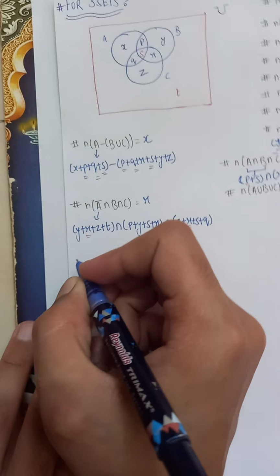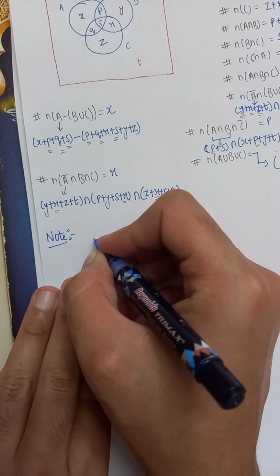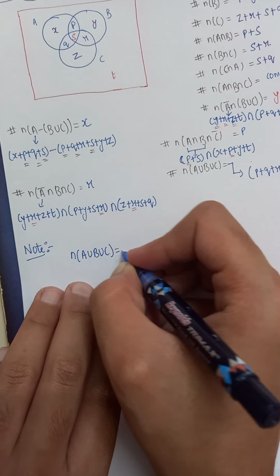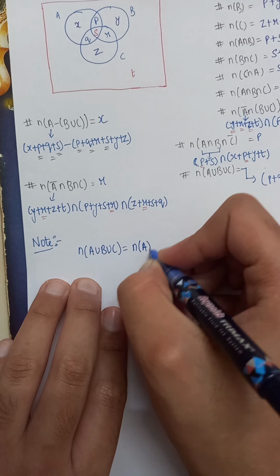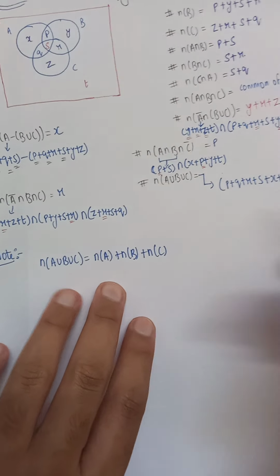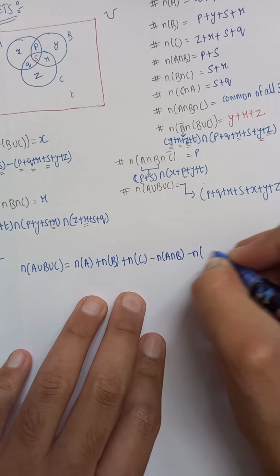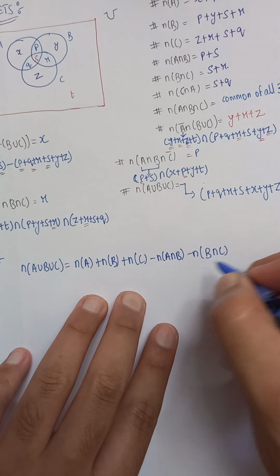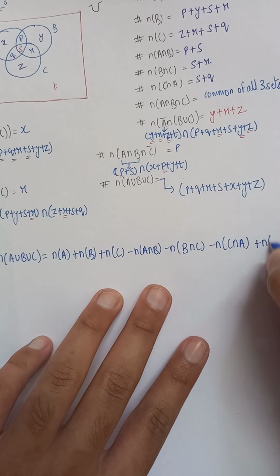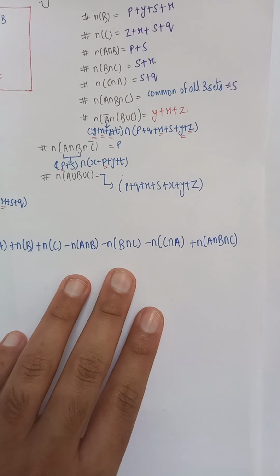Okay, so now let's write a small note. Number of elements present in A union B union C is equal to number of elements present in A plus number of elements present in B plus number of elements present in C, and then minus n of A intersection B, minus number of elements in B intersection C, minus number of elements present in C intersection A, plus number of elements present in A intersection B intersection C. Okay, so this is a note.